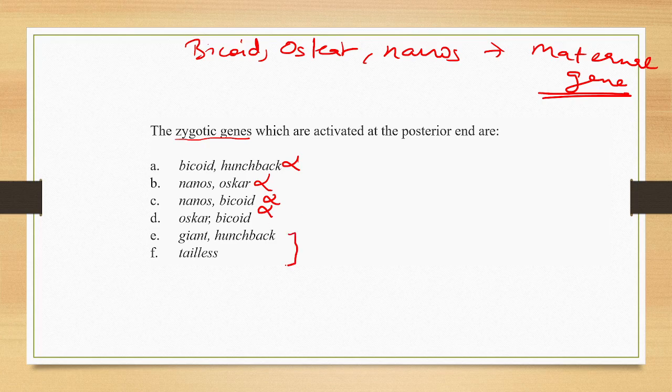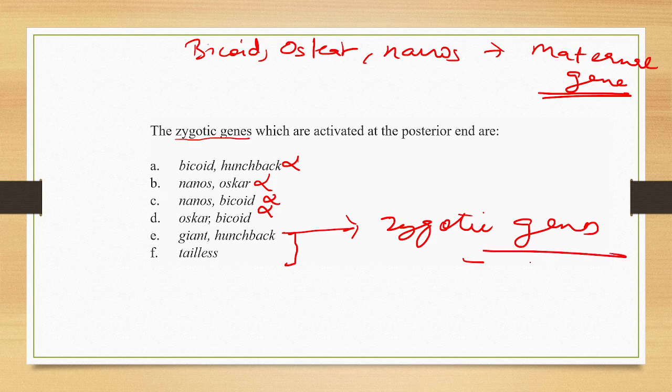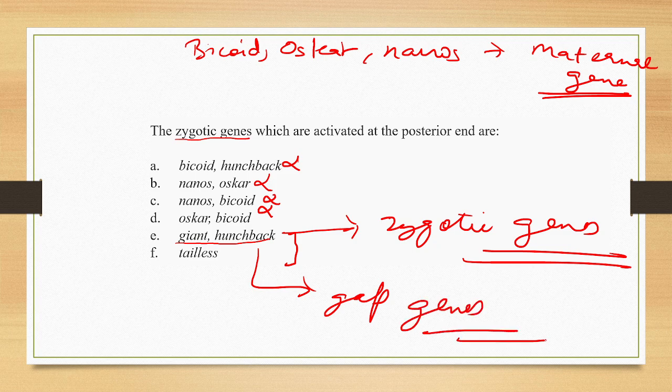We are left with these two: giant, hunchback, and tailless. Now, giant, hunchback, and tailless are your zygotic genes. Essentially, giant and hunchback are your gap genes.